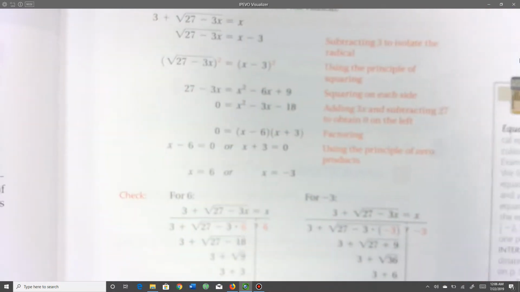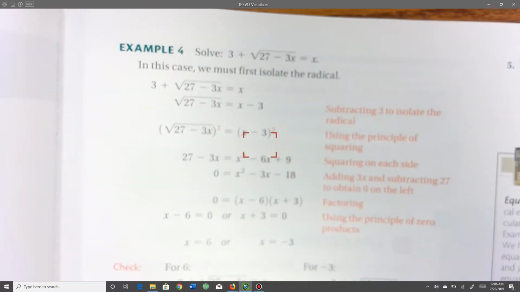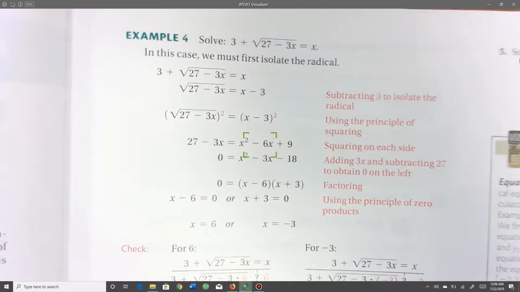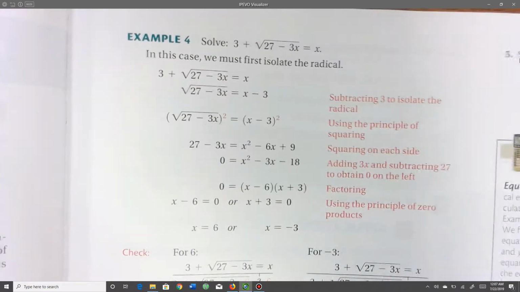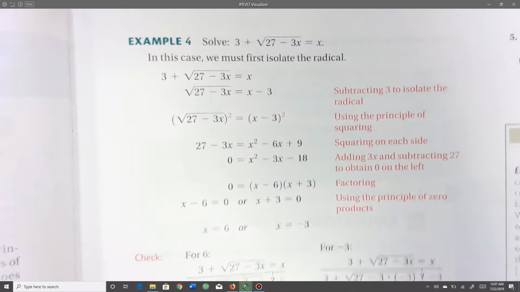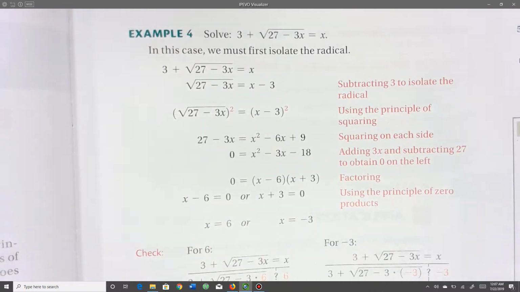One of them may make the equation true, the other one may not, and sometimes both of them do, but sometimes they don't. So let's work this one out. No, because we already did using the principle of squaring more than once.